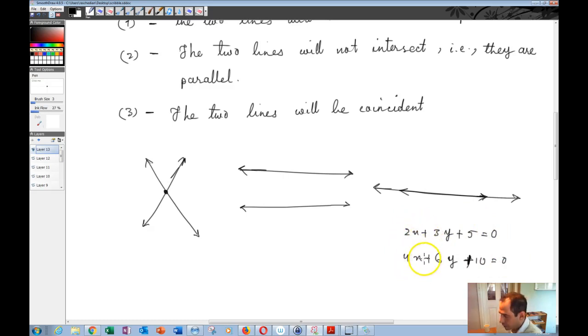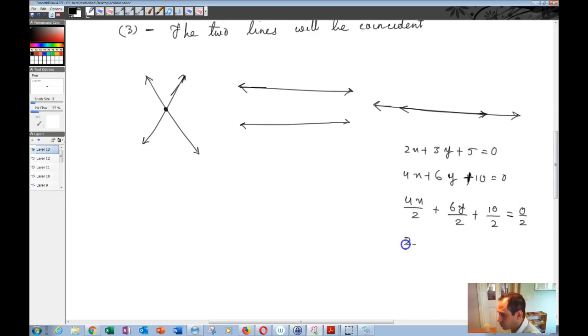But if you take this equation and divide everything by 2, you'll get 4x divided by 2 plus 6y divided by 2 plus 10 divided by 2 is equal to 0 divided by 2. Then you get 2x plus 3y plus 5 is equal to 0, which is the exact same thing as the first equation. So these two lines are actually equivalent lines, and they will of course coincide.